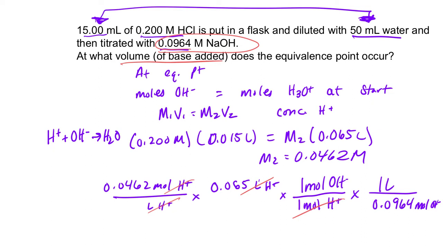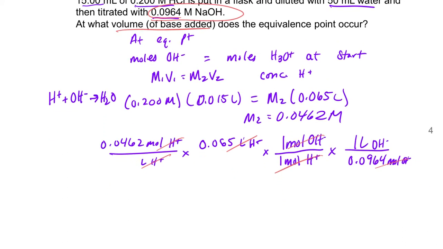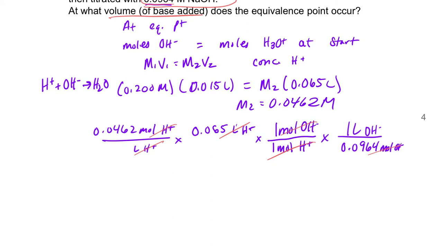Moles of OH minus cancel, and we're left with volume of hydroxide. I end up with 31.2 milliliters, well, 0.0312 liters. Okay. Questions on that?